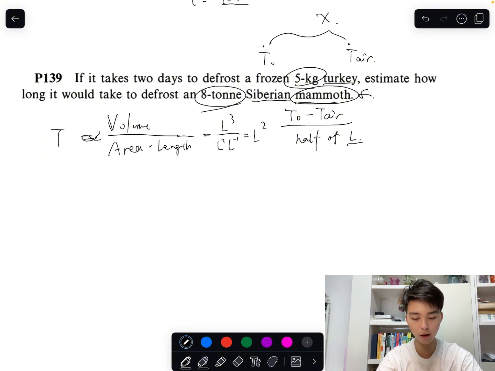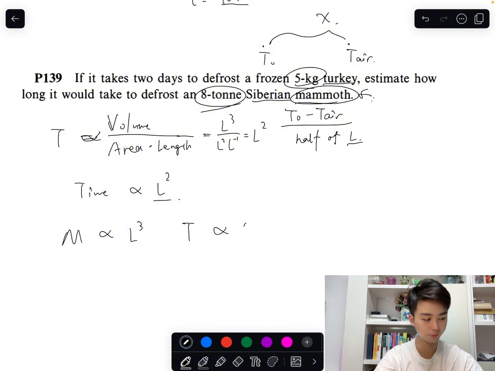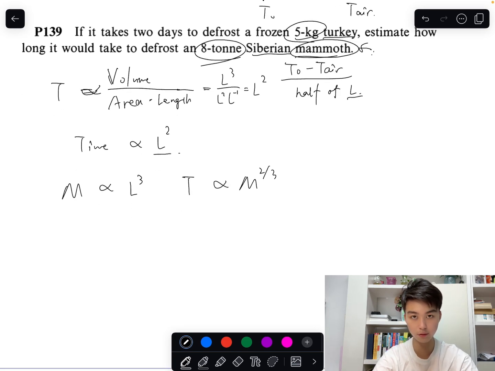So time is proportional to the square of the size, and also we have m. The mass is proportional to L cubed, so time is proportional to m to the 2/3. Now plugging these data in, and we get t is about 9 months.